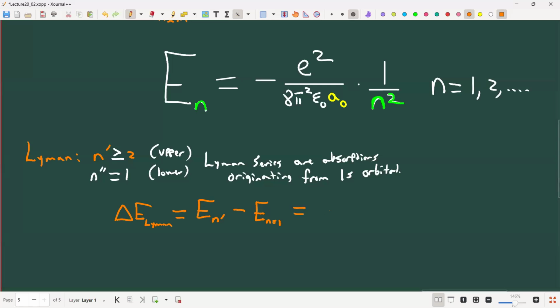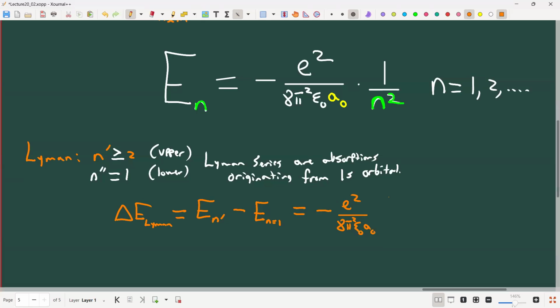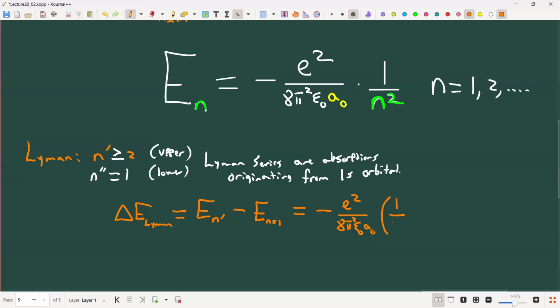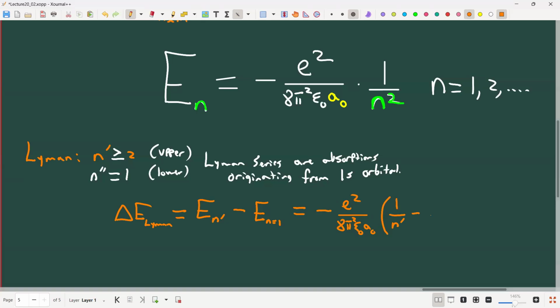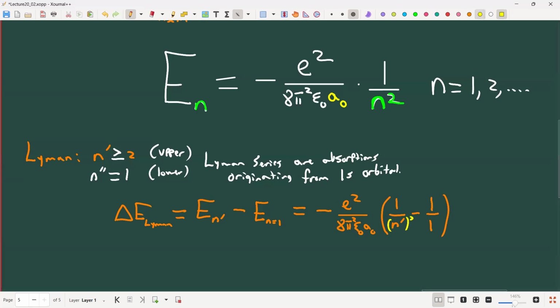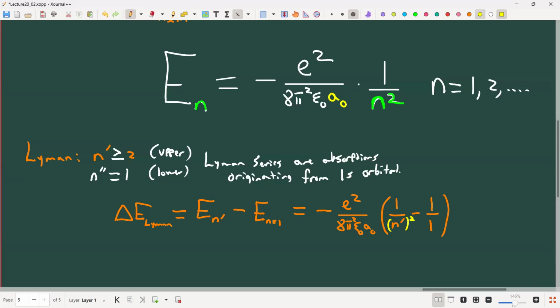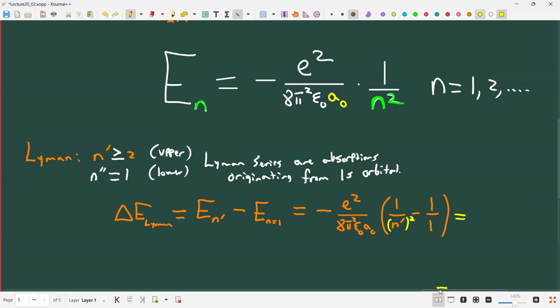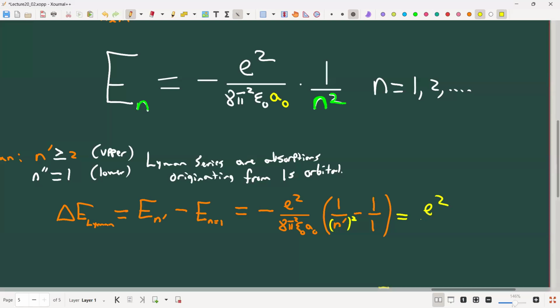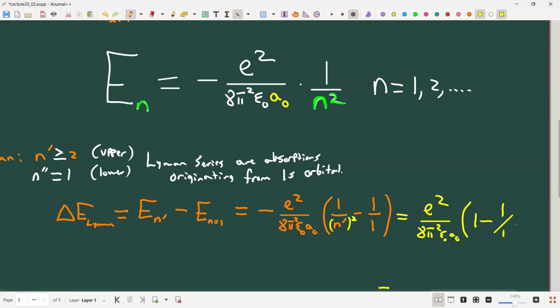That's going to be equal to minus e squared over 8 pi squared epsilon naught a naught times 1 over n prime squared minus 1 over 1, times minus 1 over 1. I can distribute the minus sign: e squared over 8 pi squared epsilon naught a naught times 1 minus 1 over n prime squared.